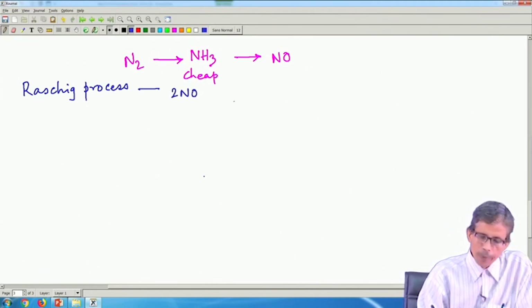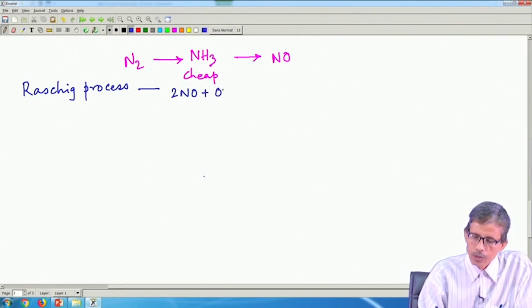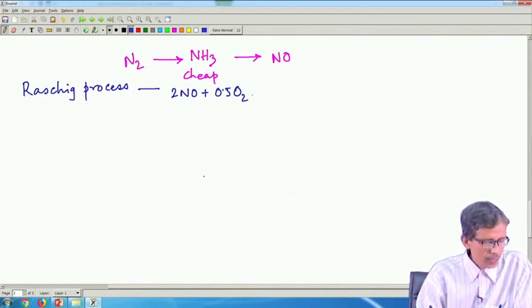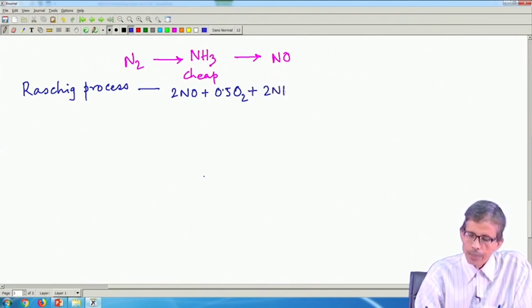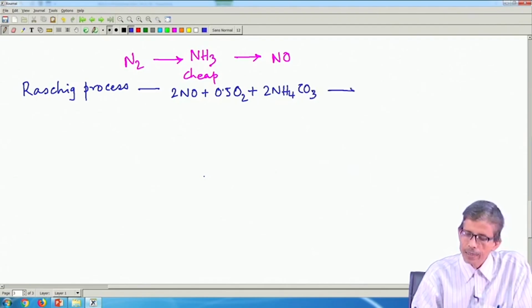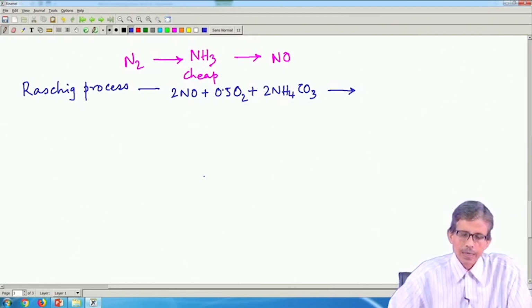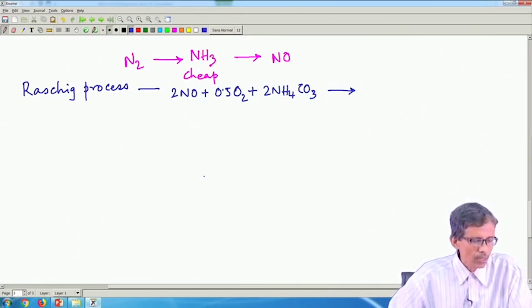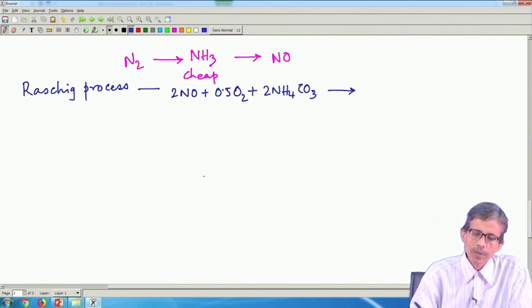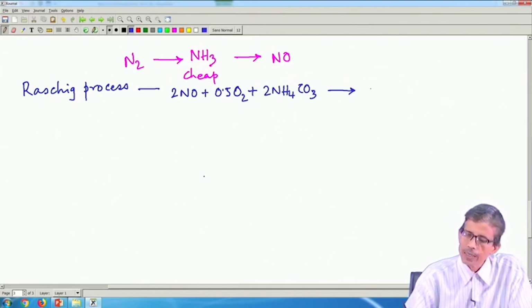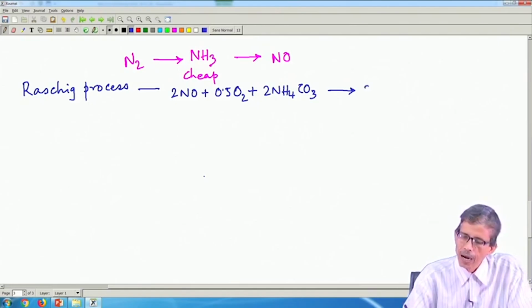So, two molecules of NO, if we oxidize them further with 0.5 mole of O2, that means oxidation with oxygen in presence of ammonium carbonate. If we write this simple reaction, NO is further getting oxidized in presence of ammonia, giving the corresponding nitrite ion formation.